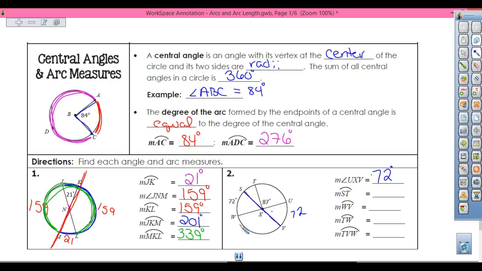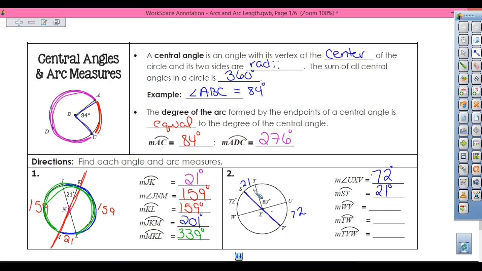Oh, WX. Oh, yeah. Okay, so you're saying we have a diameter right here, right? So this whole thing is 180, right? So 180 minus 87 minus 72 gives us 21. Good. Right, 21? Okay, so ST is 21.